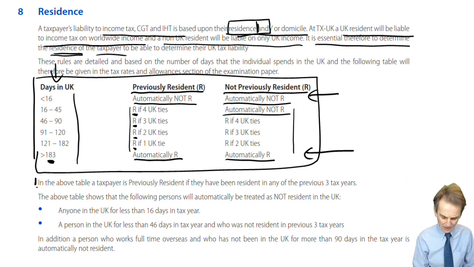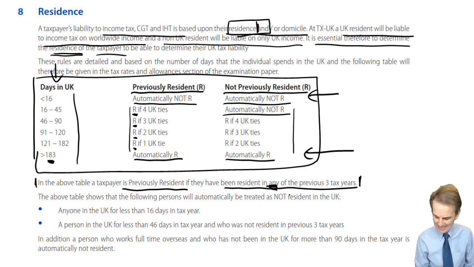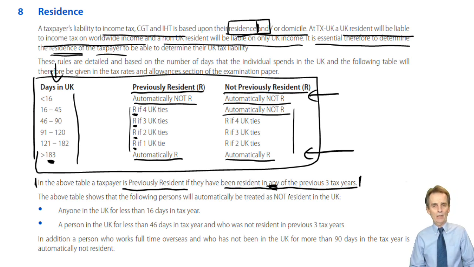Now, this again you have to learn. In that table there, a taxpayer is previously resident if they've been resident in any of the previous 3 tax years. If you've not been resident in any of the preceding 3 tax years, then it is this column that you look at. And very clearly what you can see from this column is that if you were previously resident in the UK, then there are fewer days that you have to spend in the UK to be classified as UK resident.